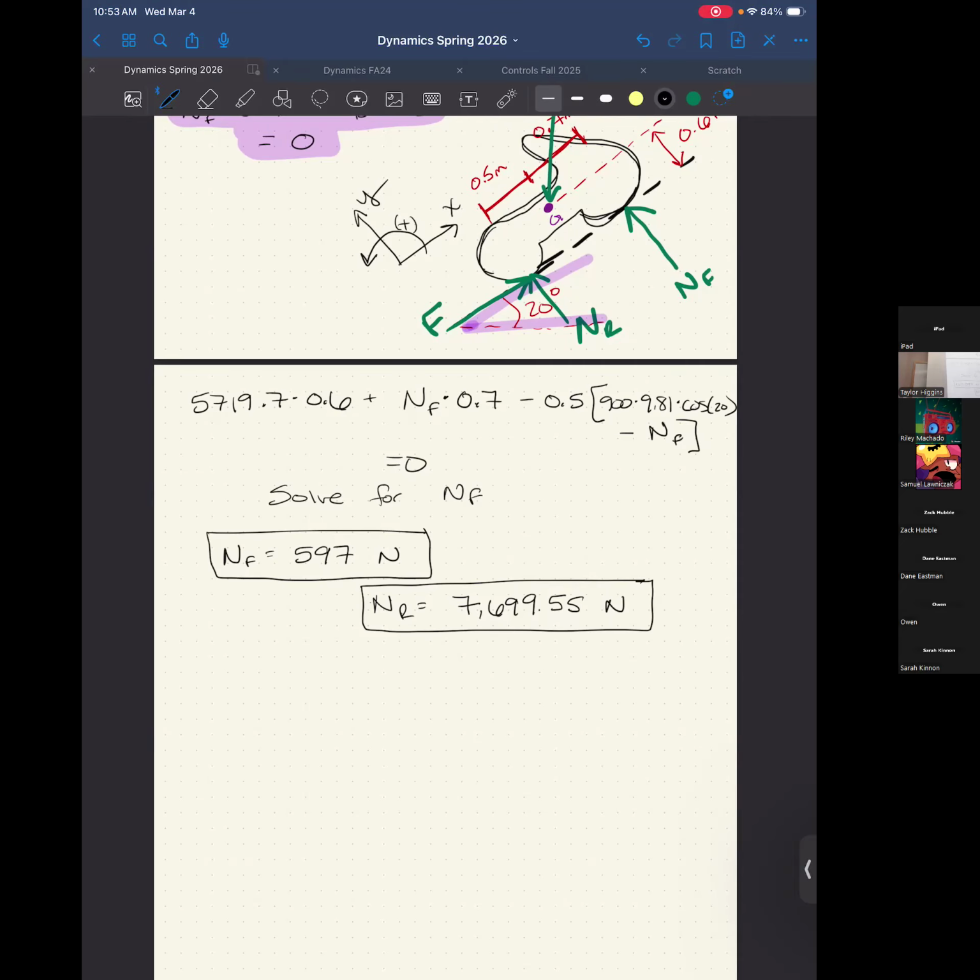Questions? Was how to get that moment of inertia of the half cylinder, not just the equation, for the homework on question 4.